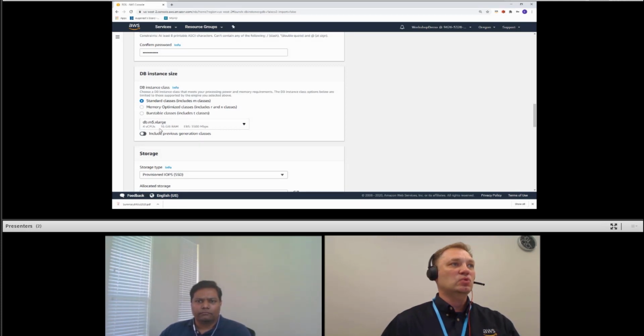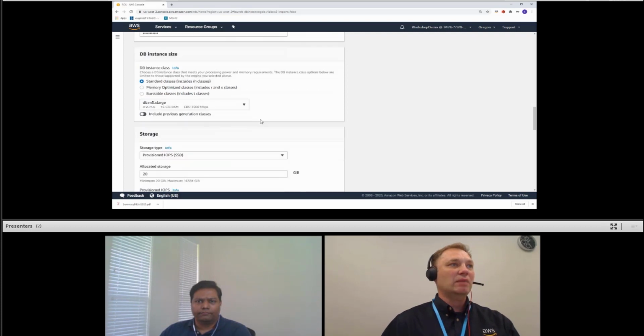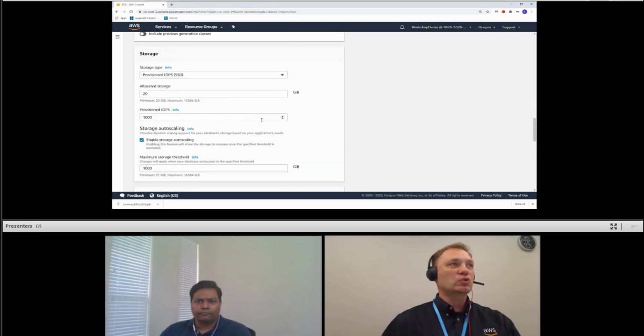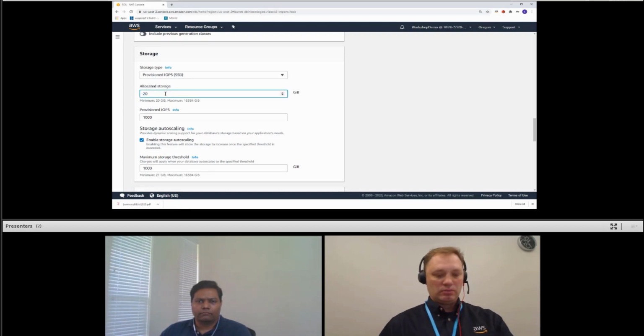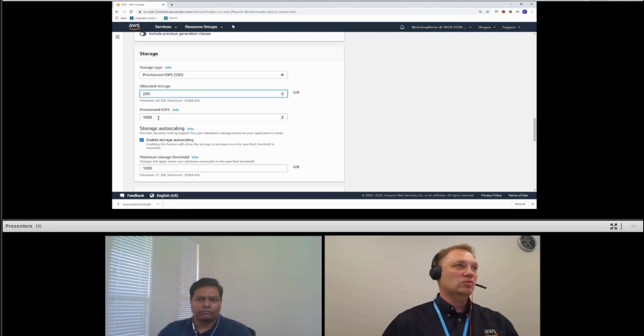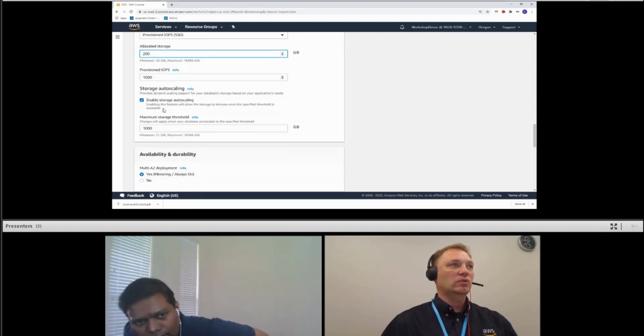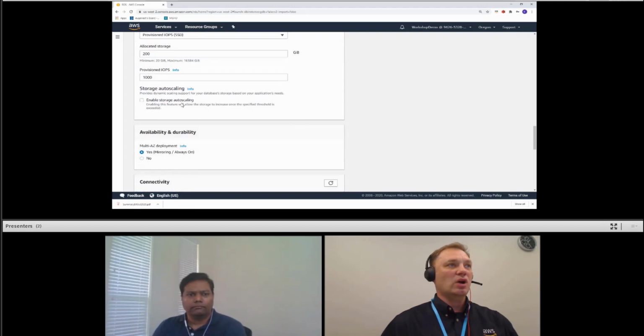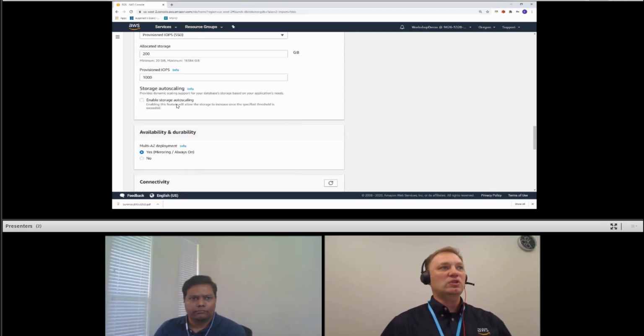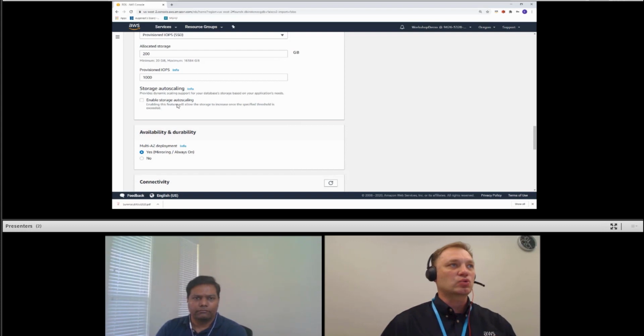That's 4 vCPUs and 16 gigs of RAM. Here's the storage subsystem. As we mentioned, there is a general purpose option and then provisioned IOPS. I am going to leave it with provisioned IOPS, 2,000 provisioned IOPS. I'll leave that at default. I'm going to uncheck storage auto scaling. This is just a feature that allows you to auto scale your storage as you're getting close to the limit.